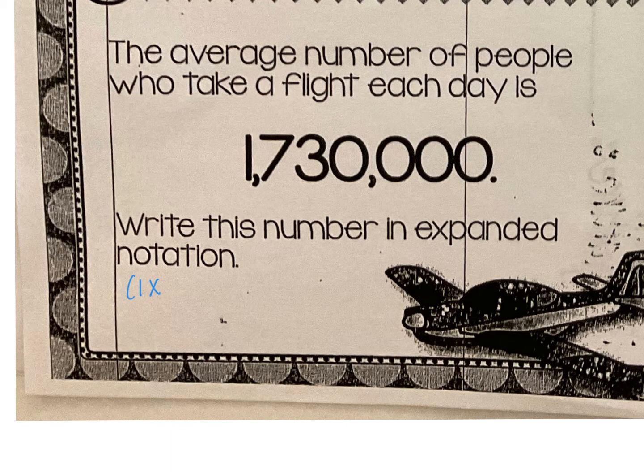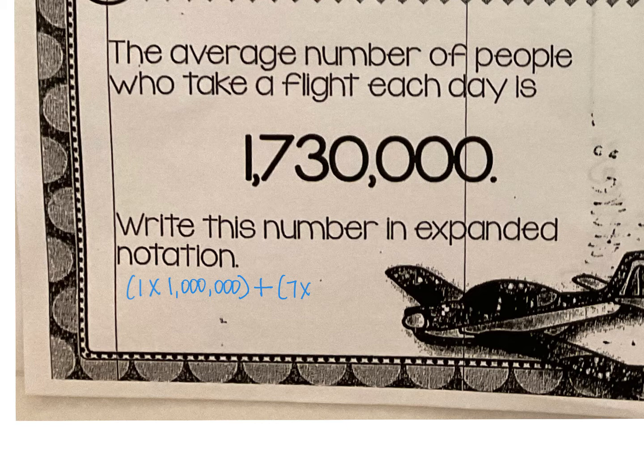Okay, so let's look right here. What place is this 0 in? Ones, tens, hundreds, thousands, 10,000, 100,000, and the 1 is in the millions place. So we're going to do 1 times 1 million, plus 7.